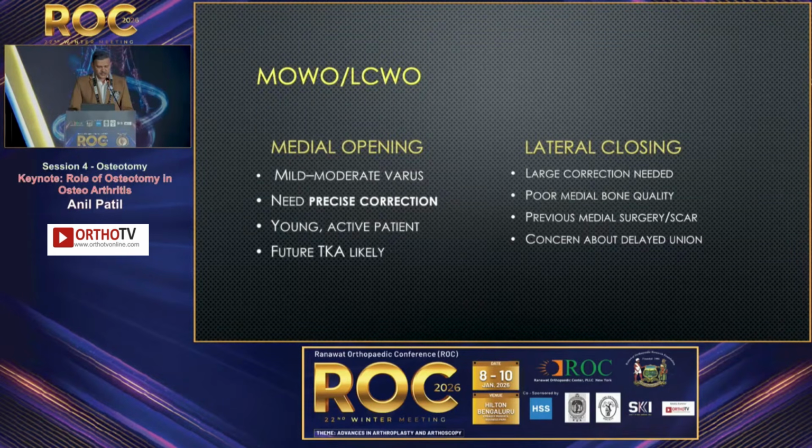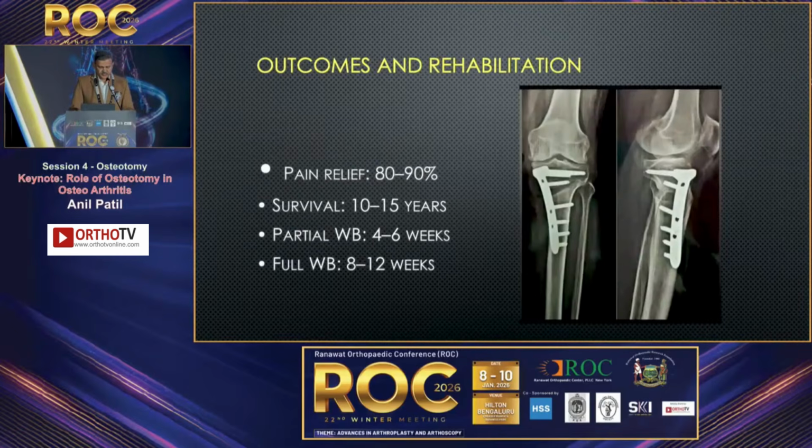When you do the comparison between both, the medial side is for mild to moderate varus. So where do you use the medial side? Medial side is basically used for mild to moderate varus, need for precise correction, young and active patient, and where future TKA is likely. Whereas the lateral side, you would keep it only for patients who are more elderly, more osteoporotic, would be the main indication.